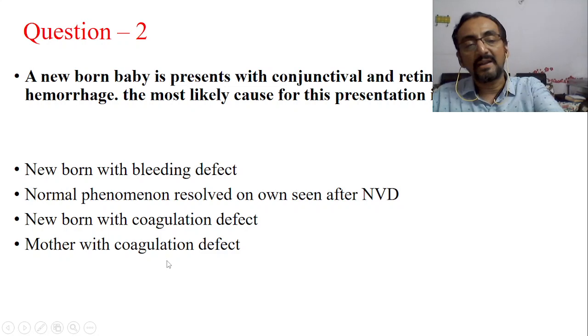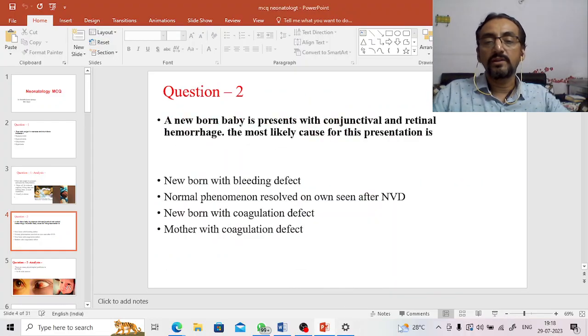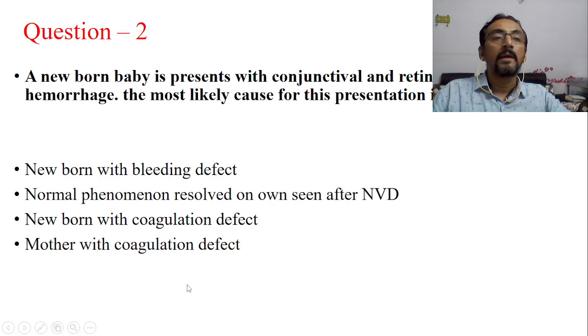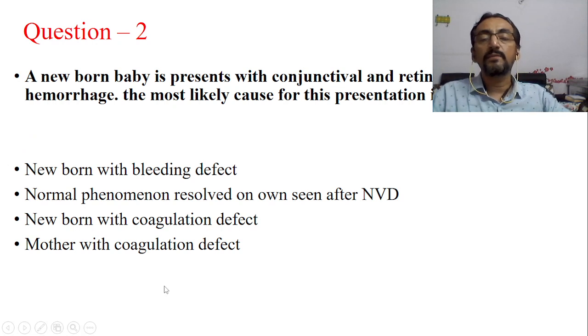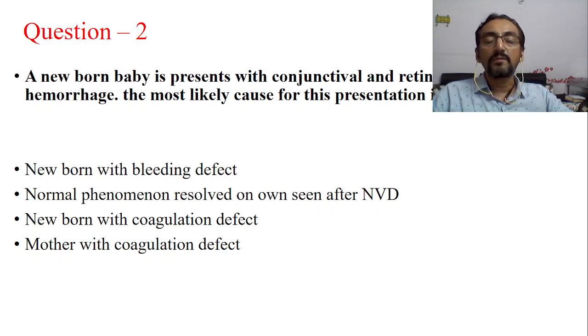Okay, now come to the second question in the series. A newborn baby is presented with conjunctival and retinal hemorrhage. The most likely cause of this presentation is dash.